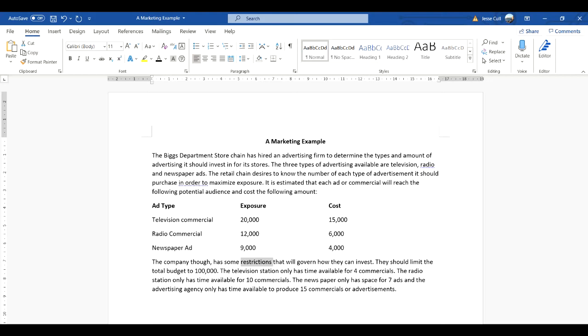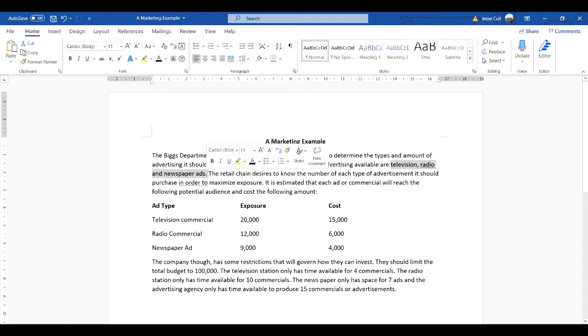This is a marketing example. The Biggs department store has hired an advertising firm to determine the types and amount of advertising it should invest in for its stores. Not very important yet. The 3 types of advertising available are television, radio, and newspaper ads.